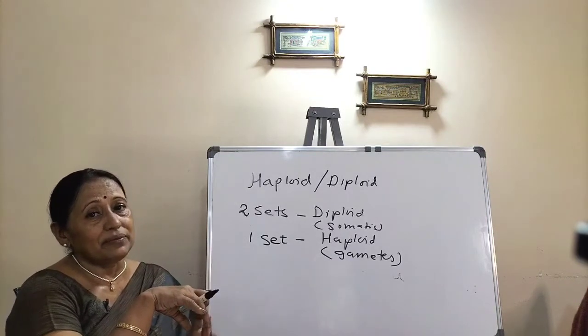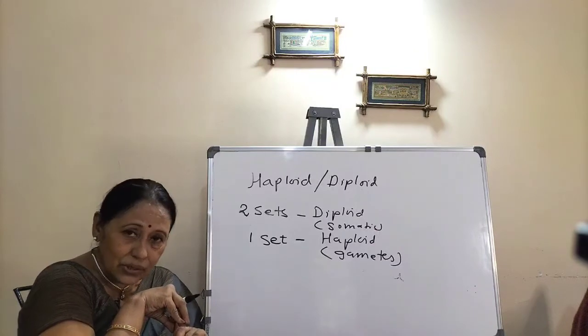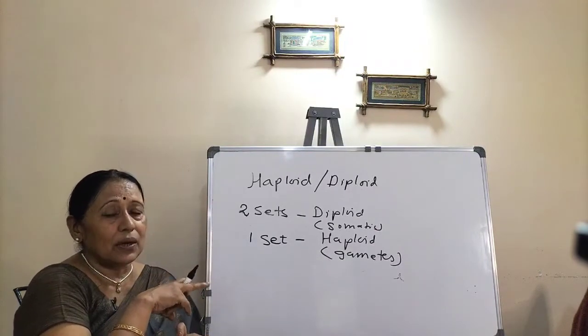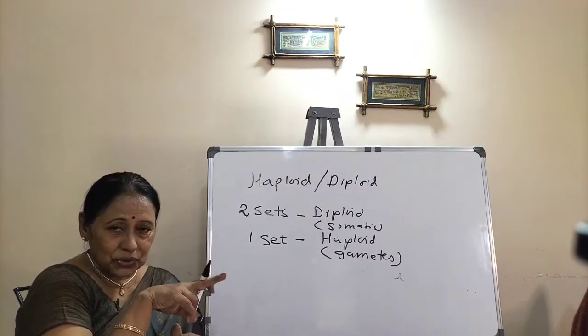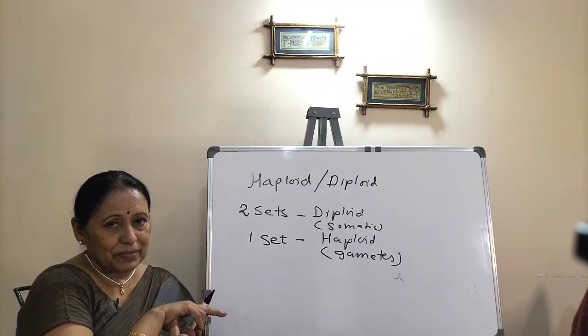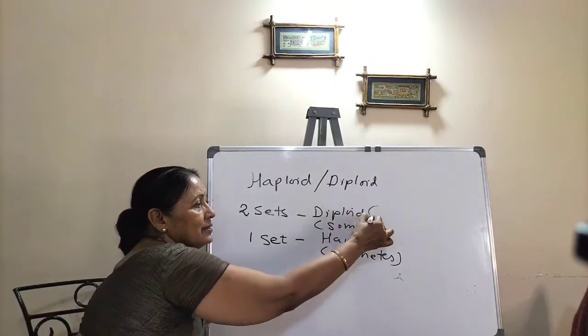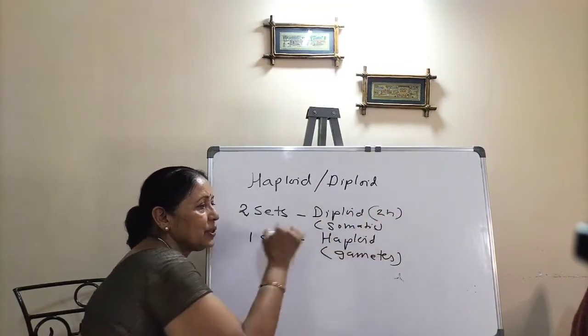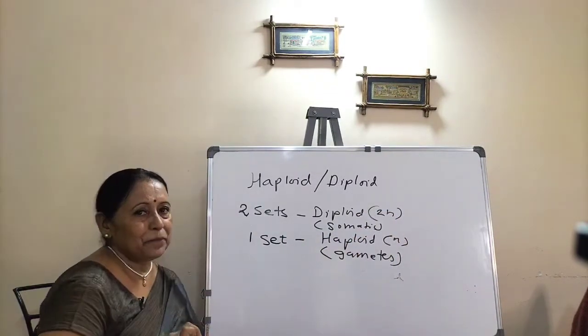Otherwise, it is going to give rise to some disease, some kind of abnormality. This also happens. Just now you saw Down syndrome, where there was 1 extra chromosome number 21. But that is not the normal case. So this diploid is written as 2n and this haploid is written as n.